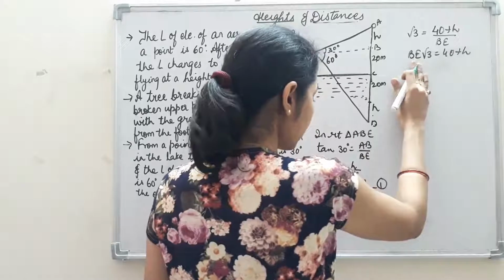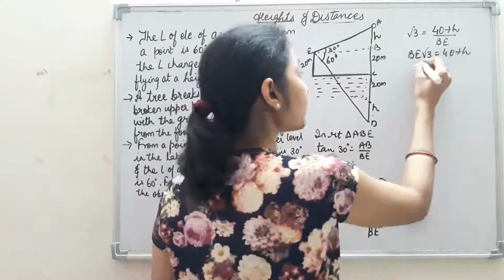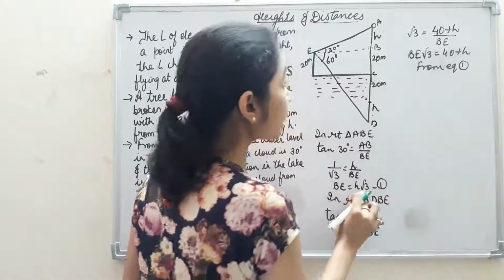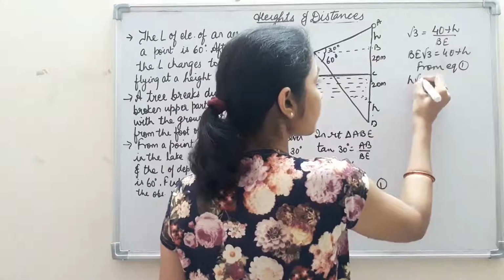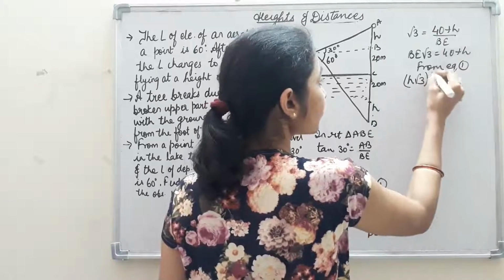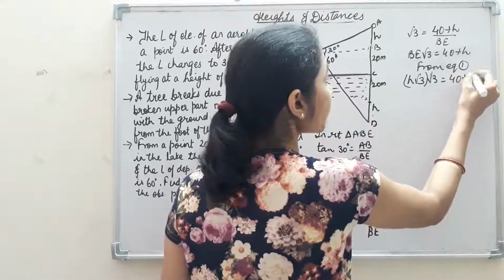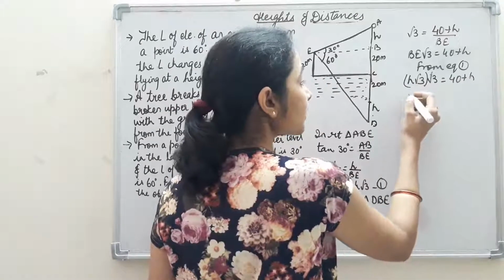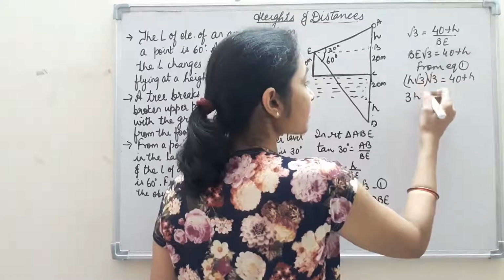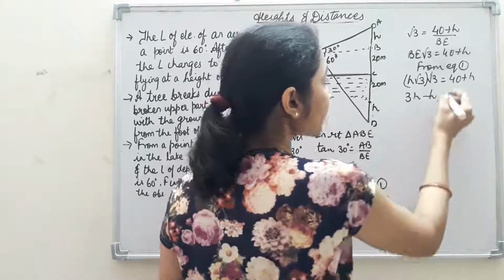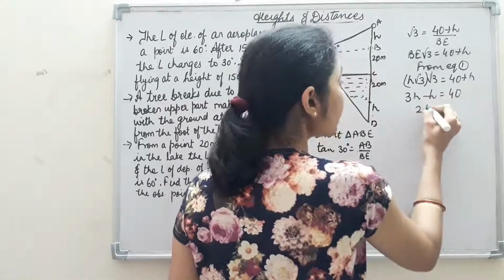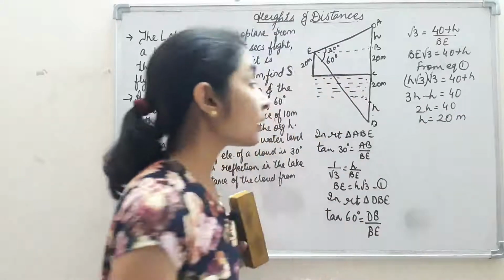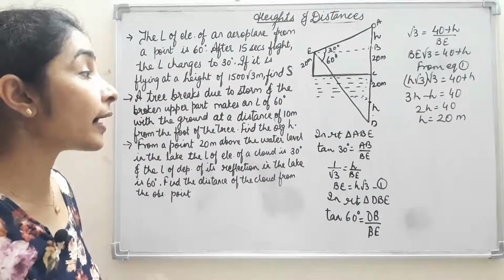Now substituting BE from equation 1, h root 3 into root 3 is equal to 40 plus h. Here we get 3h, and this h comes on this side, so it gets negative. 3h minus h is equal to 40, so 2h is equal to 40, so h is equal to 20 meters.